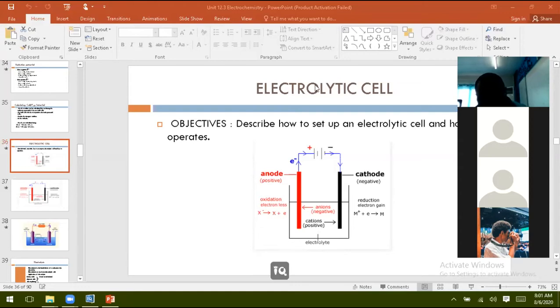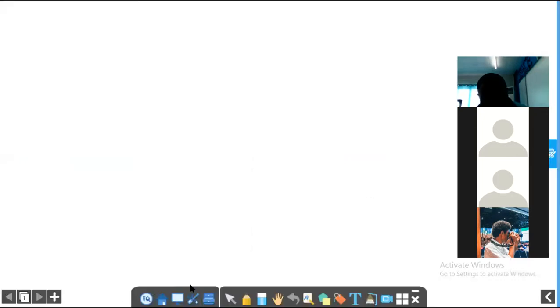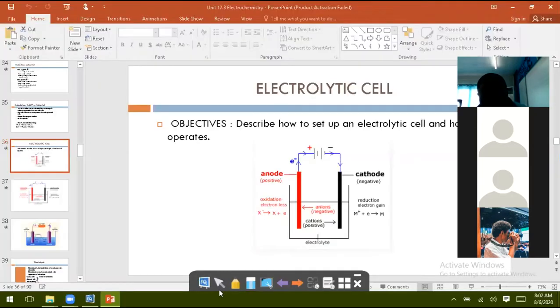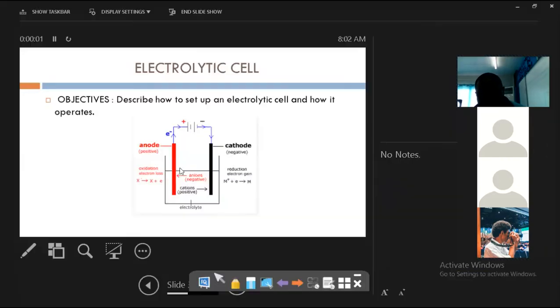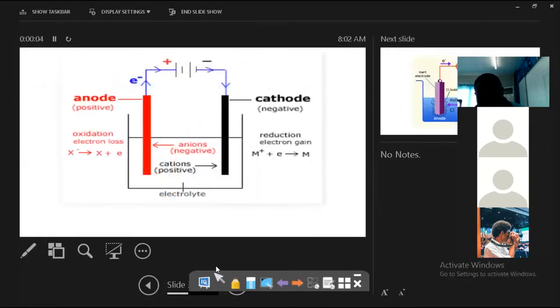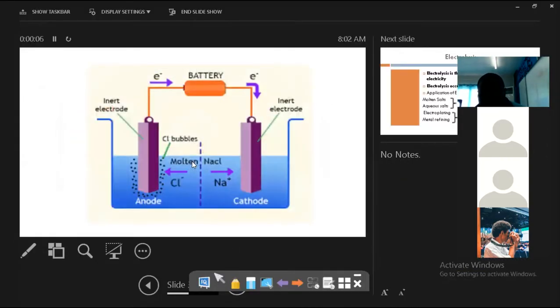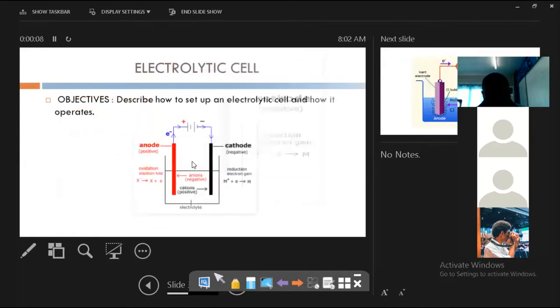So I'll just quickly revise the topic on electrolytic cell. You just have to know the parts of the electrolytic cell, and then we'll go on to the application of the electrolysis.